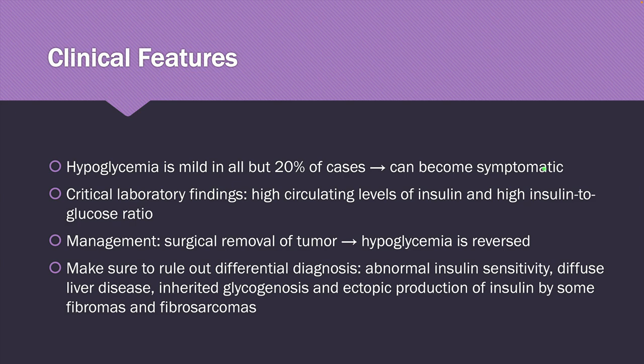Critical laboratory findings: you should be able to detect high levels of insulin and a high insulin to glucose ratio. Treatment would have to be surgical removal of the tumor, in which once you do that, hypoglycemia is reversed promptly. And you have to make sure that you rule out a lot of differential diagnoses such as abnormal insulin sensitivity, diffuse liver disease, inherited glycogenosis, and ectopic production of insulin by some fibromas and fibrosarcomas.